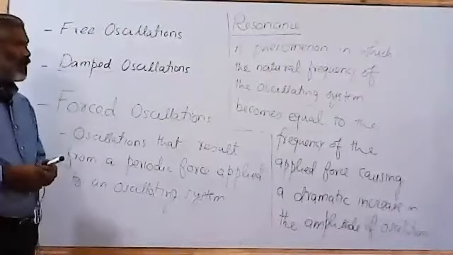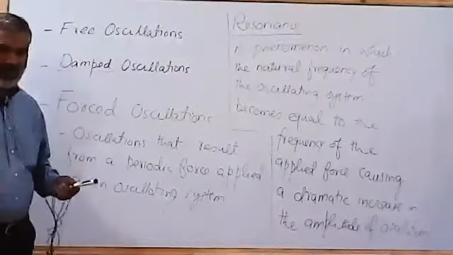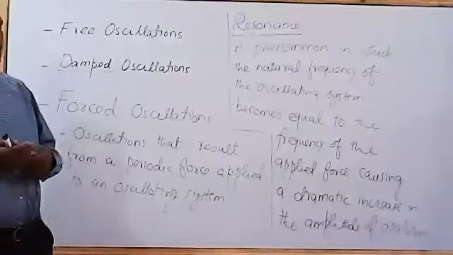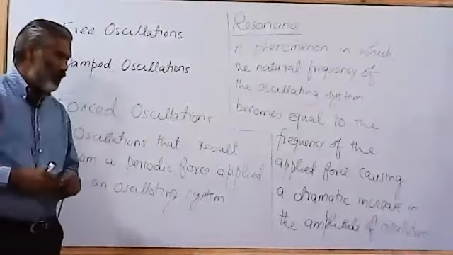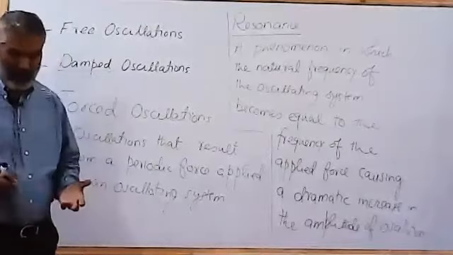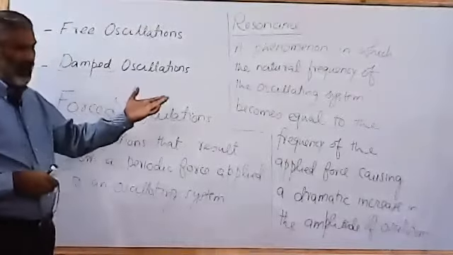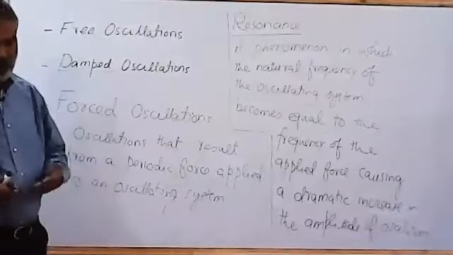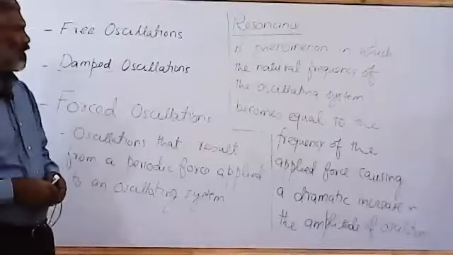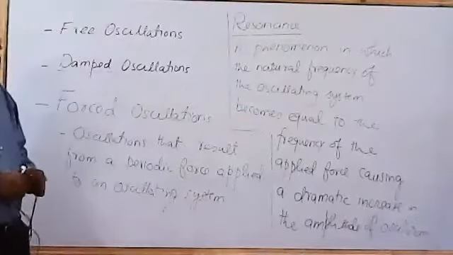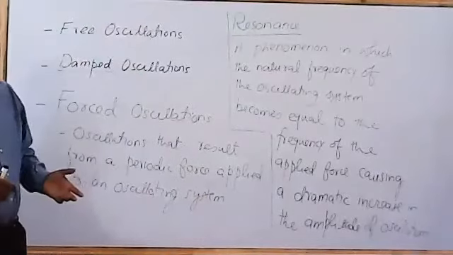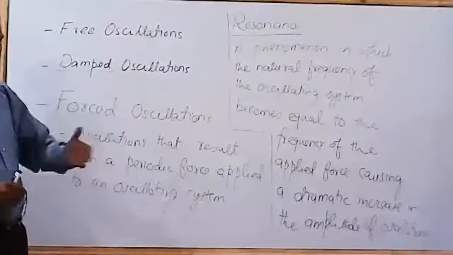So there are natural calamities, there are natural phenomena in which objects get damaged due to this effect, resonance. In earthquakes, we have seismic waves that cause the buildings to collapse. We have situations in which bridges collapse, especially the suspension bridges.